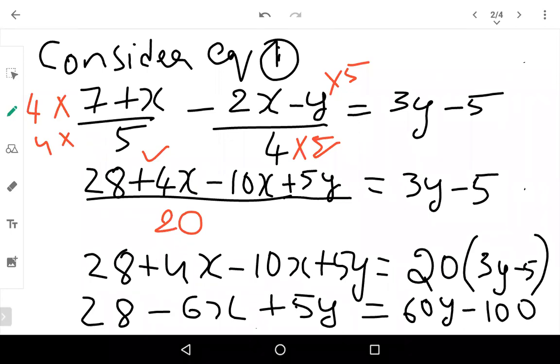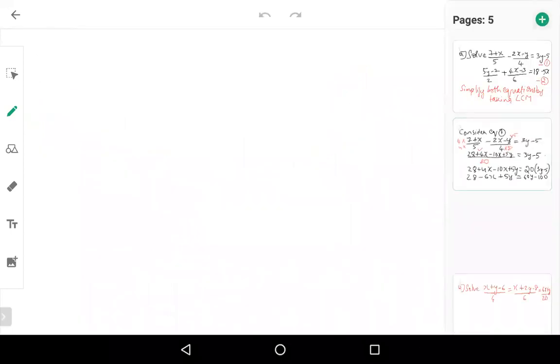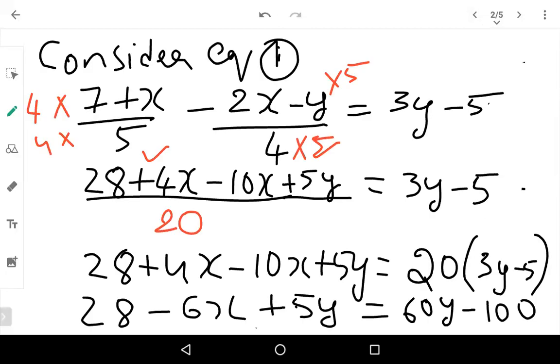Now, next step, we have y terms, 5y and 60y. Let us take y to one side and get that 100 to the other side so that we will be able to get all the proper numbers. So we have 28 and we have minus 100 on the other side.